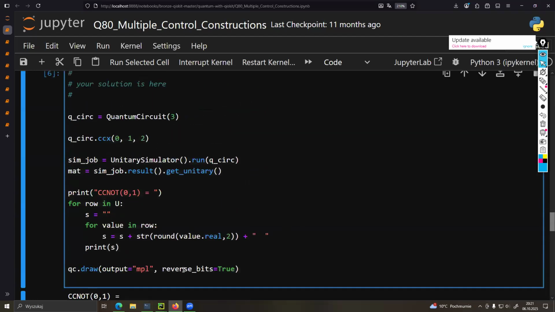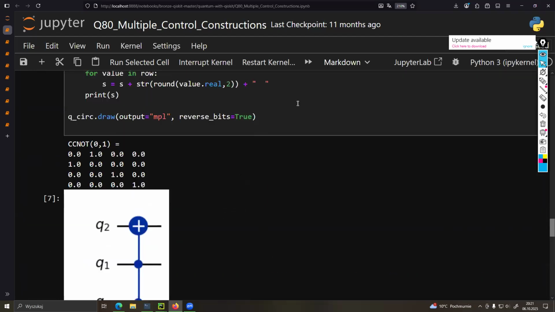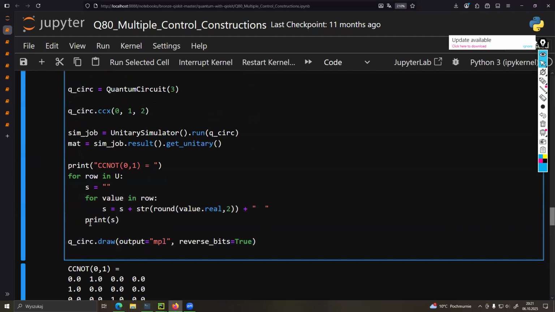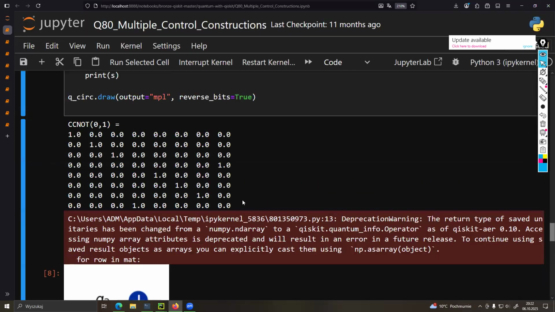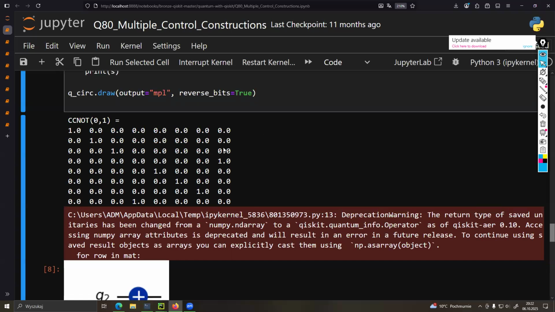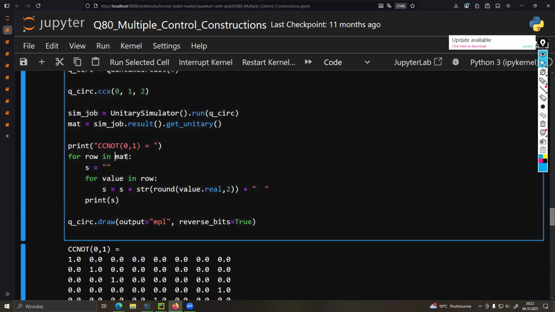Okay, draw QC. So we need to draw this. That's one thing. And we need to print this. Okay, so what do we have here? We have an error, but that's fine.